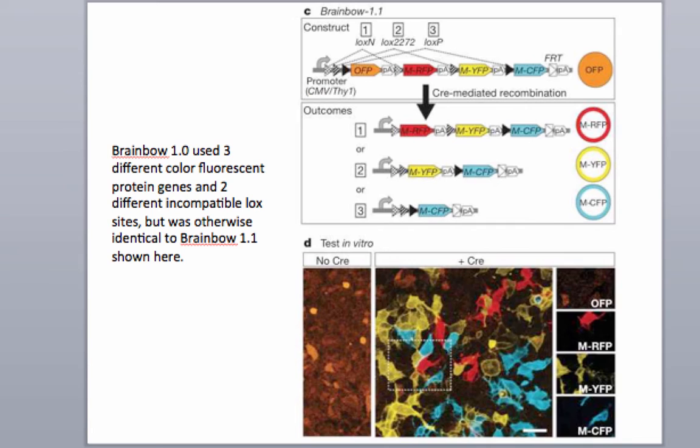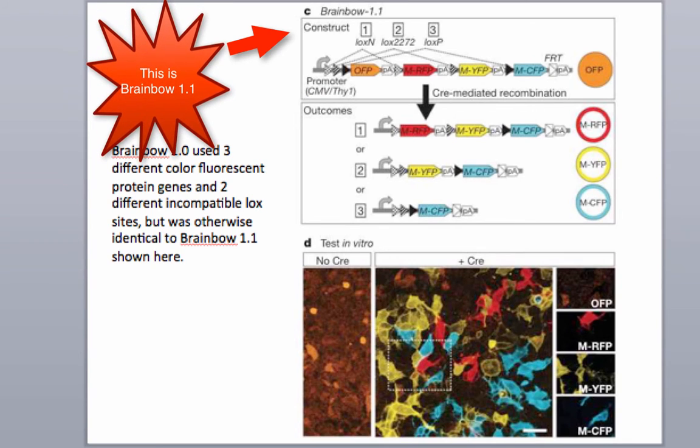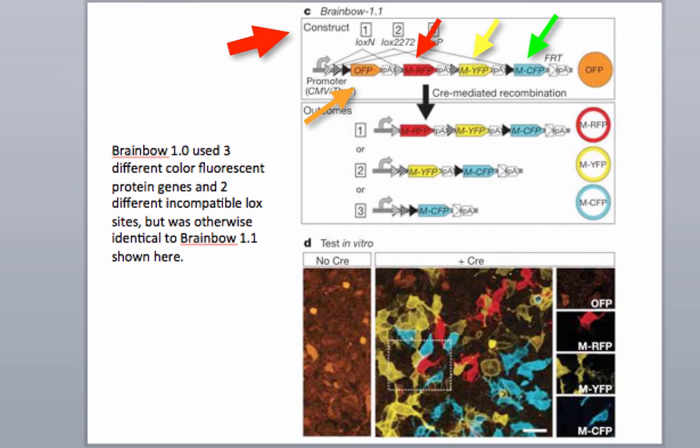Okay, and so we will go to this slide, Brainbow 1.1, in order to understand exactly what's happening. So in Brainbow 1.1, there are 4 different fluorescent protein genes with a brain-specific promoter at the left. And next to the promoter are 3 different incompatible lox sites.